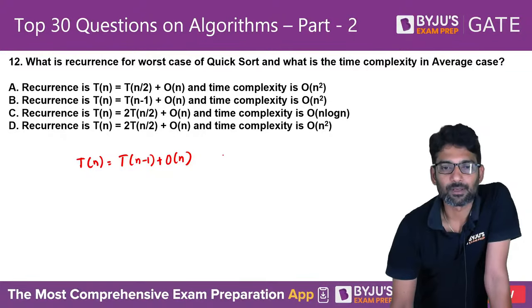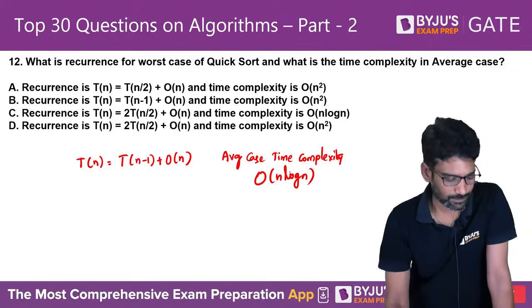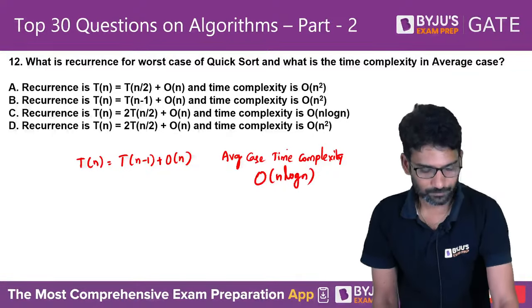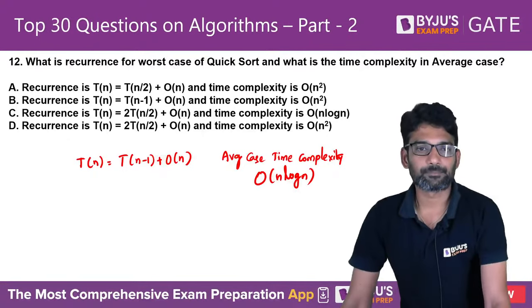But average case time, worst case recurrence relation, but average case time complexity must be big O of n log n, isn't it? Everybody?